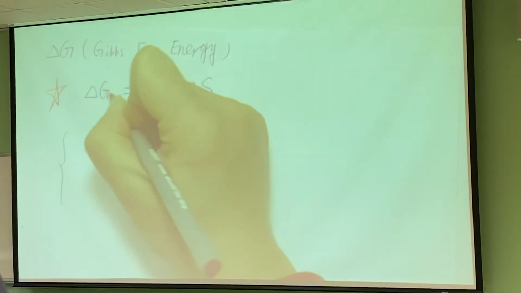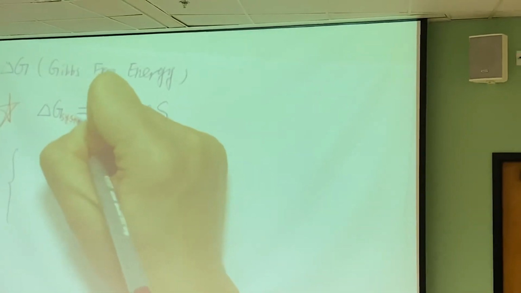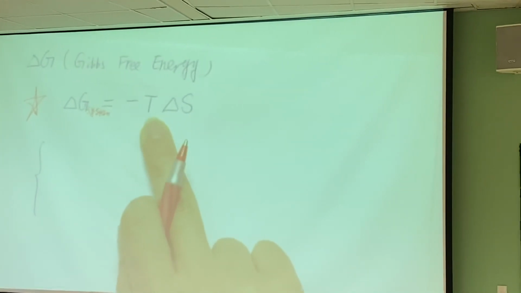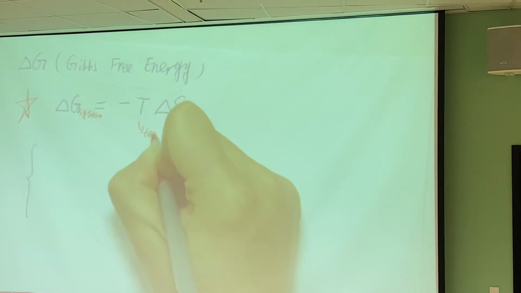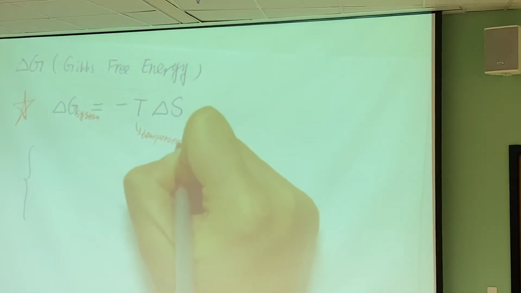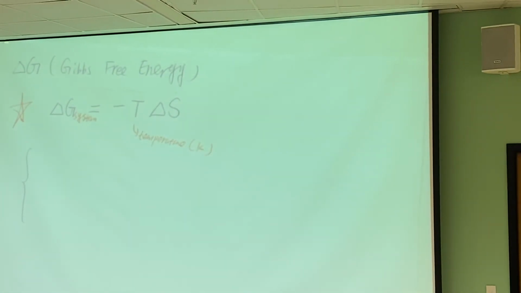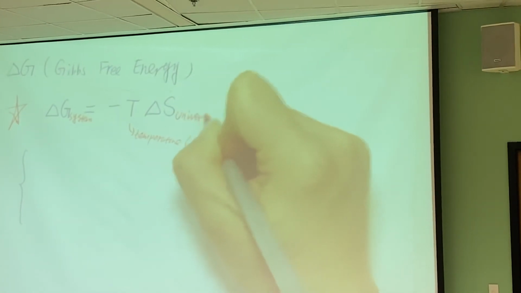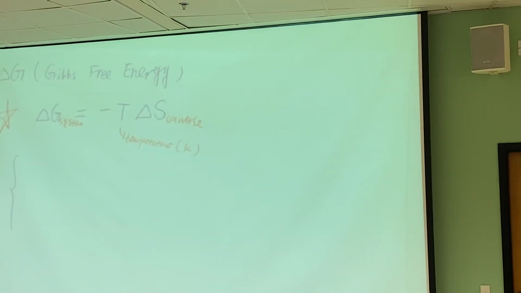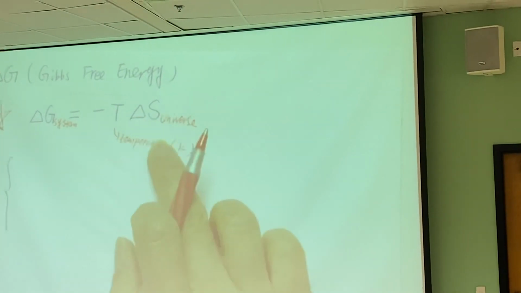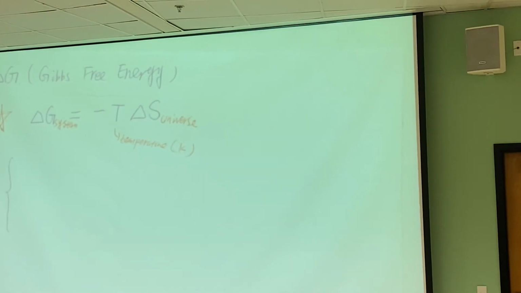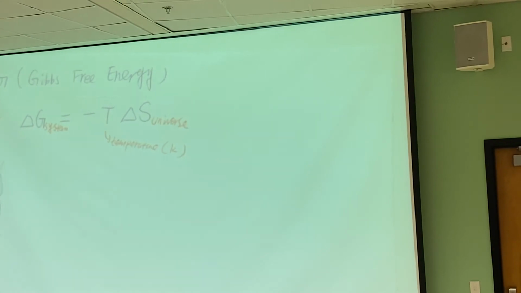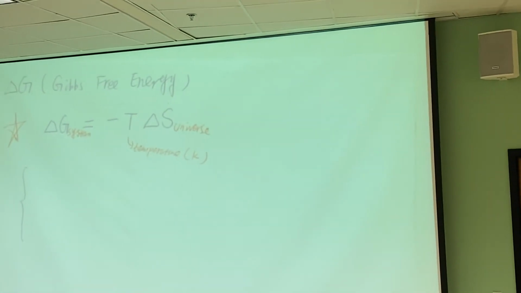So we define delta G system equal to negative T, temperature in Kelvin, okay? Times delta S universe. This is a very important equation, because some of you probably already know we can use delta G to determine the reaction spontaneity. But you probably don't know why.